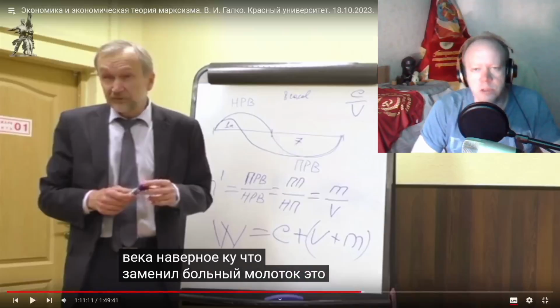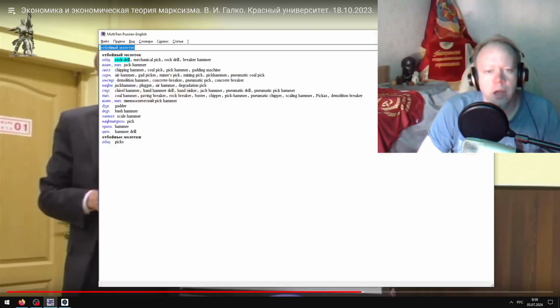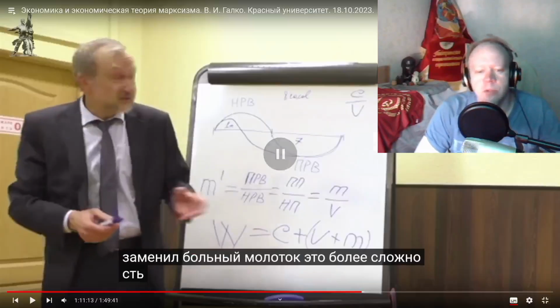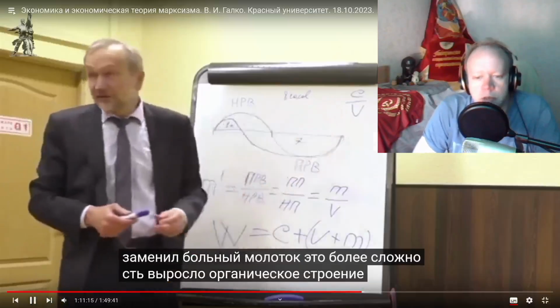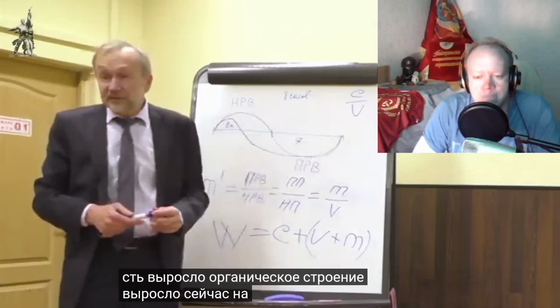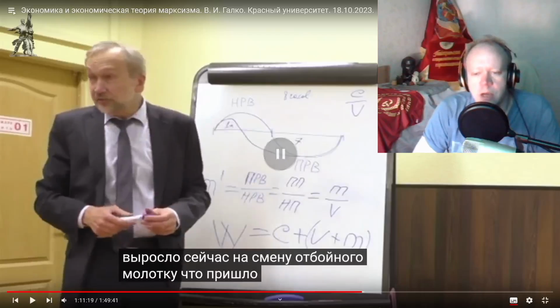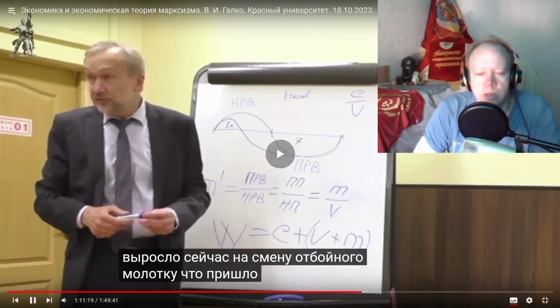The power hammer, or the breaker hammer, mechanical pick, rock drill, right? Это более сложно. That's a more sophisticated means of production. So the organic composition of capital increased. Now what is replacing this power drill?